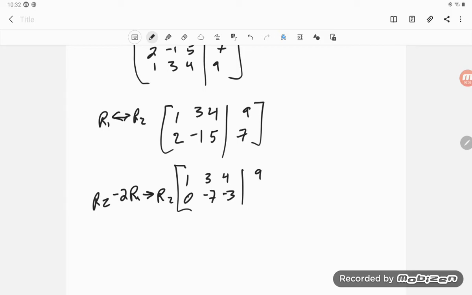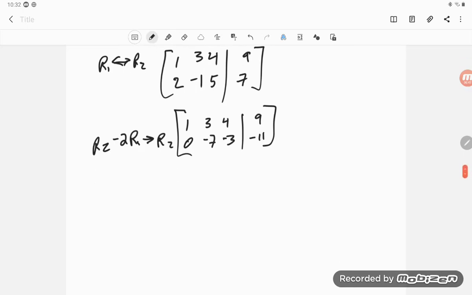And 7 minus 18 is -11. Okay, then I would multiply row 2 by -1/7 and put that back into row 2.